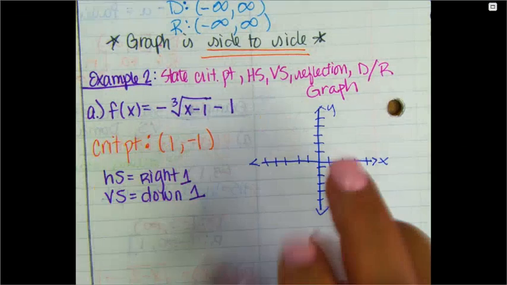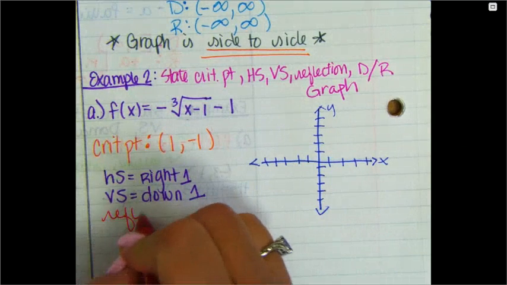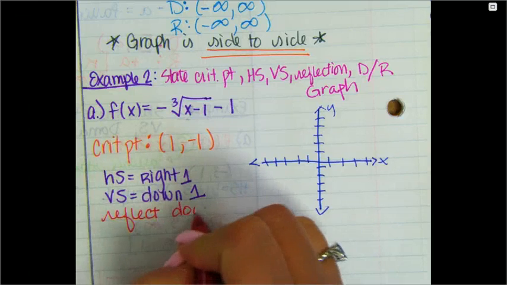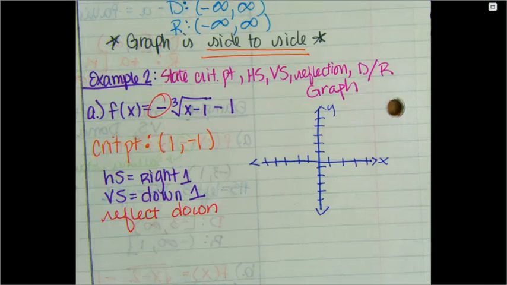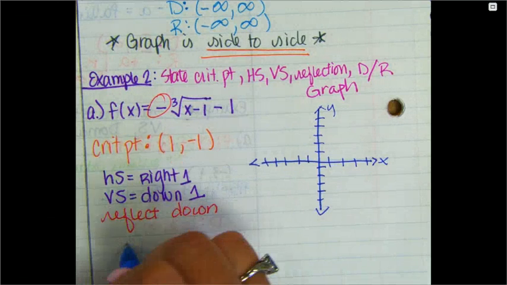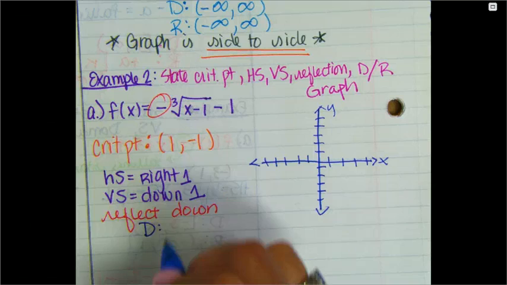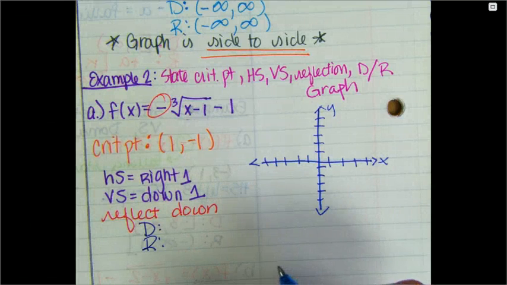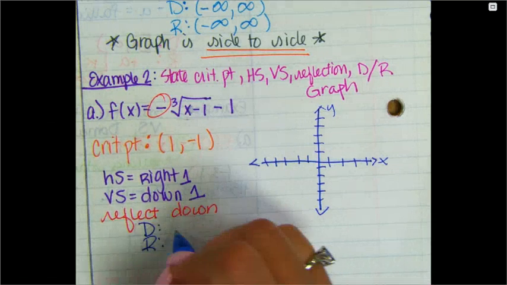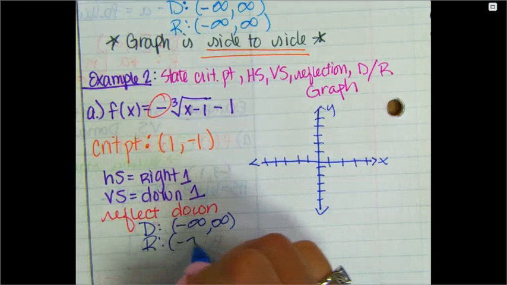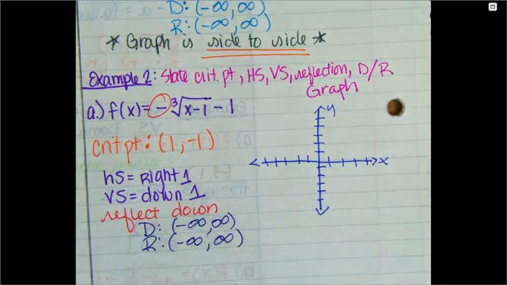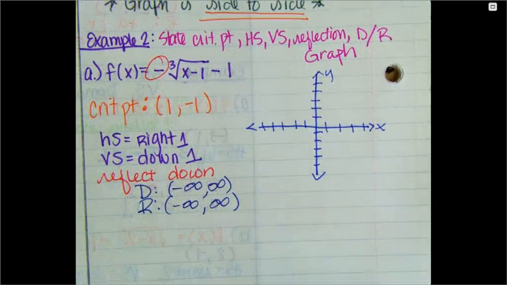What is your reflection? Reflect up or down? Why down? Because it's negative. Good. Domain and range are the same. Negative infinity to positive infinity for both. Good? Questions? Let's graph.